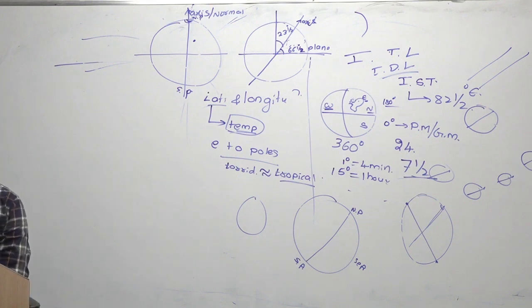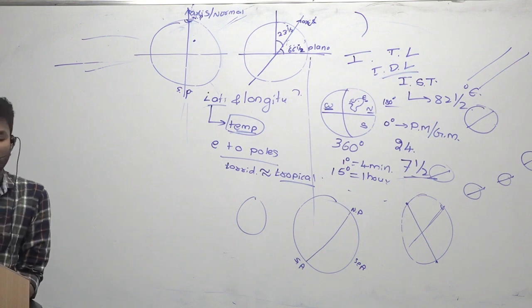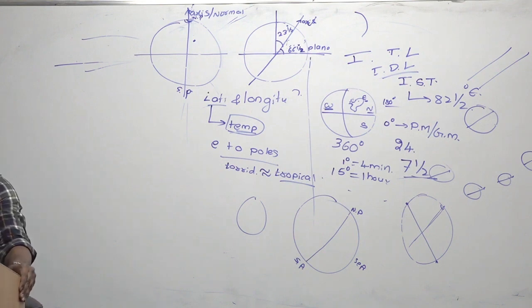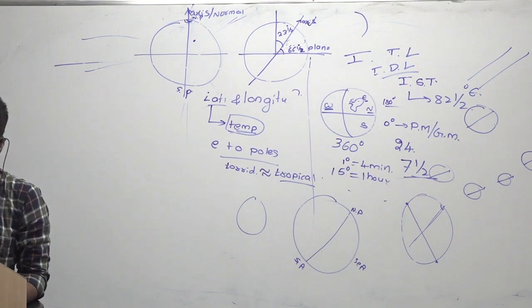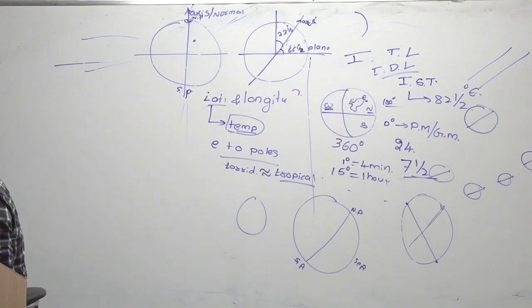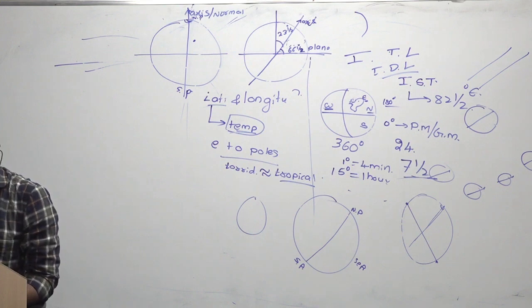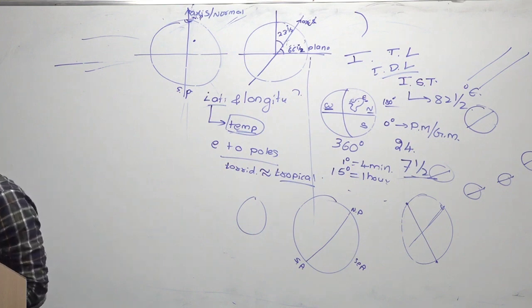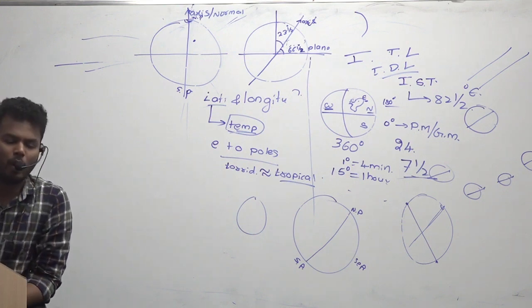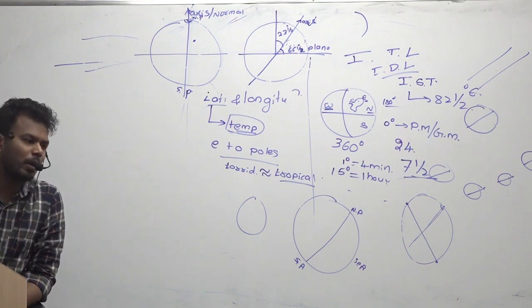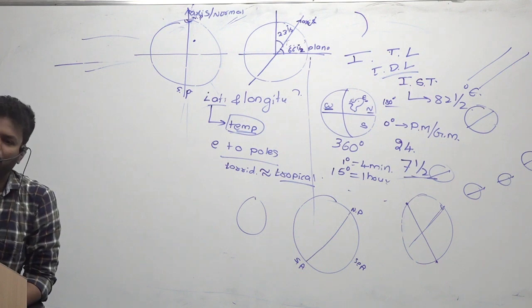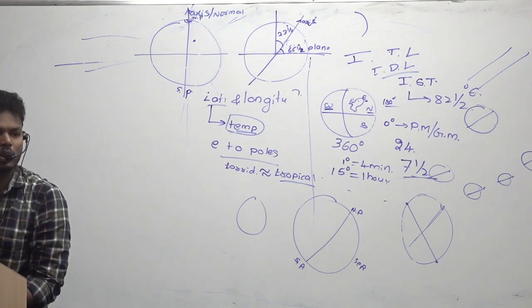It is completely contrast with regard to the southern hemisphere. Contrast means what? Southern hemisphere, it is summer season. Southern hemisphere, it is longest day, shortest night.